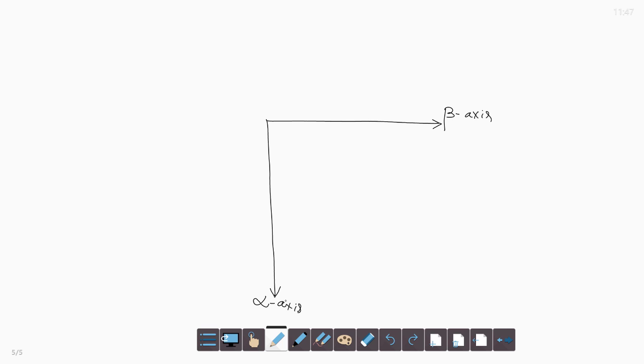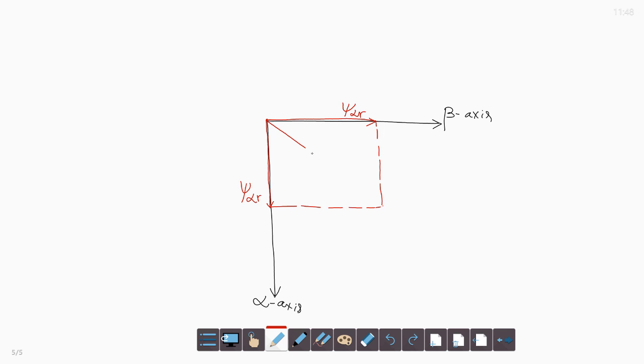Here we have the rotor flux components psi alpha r and psi beta r.